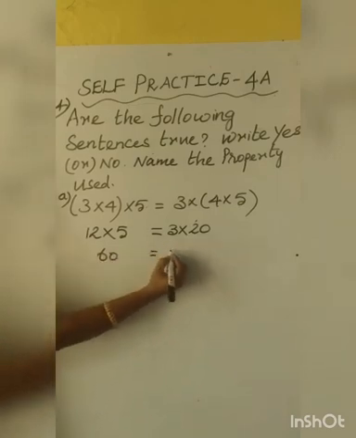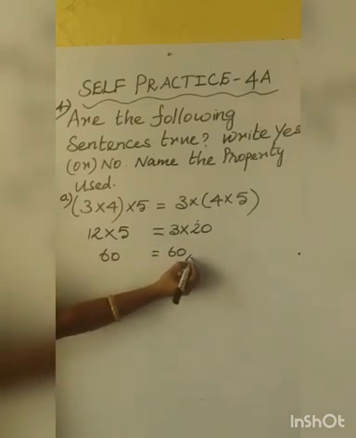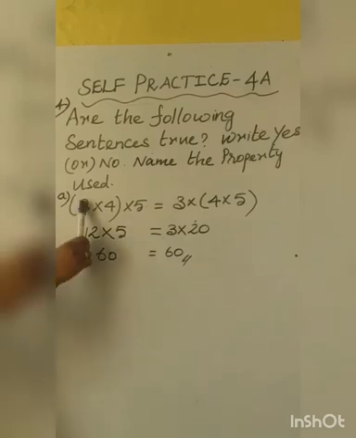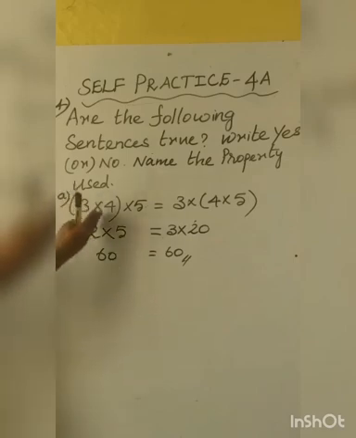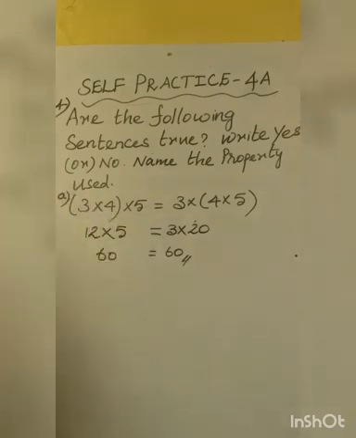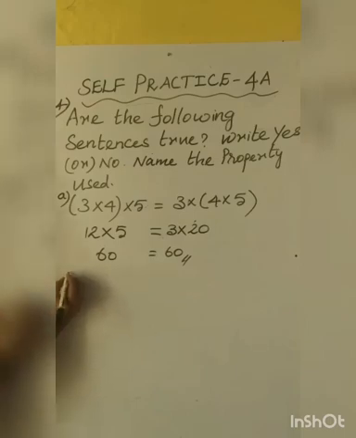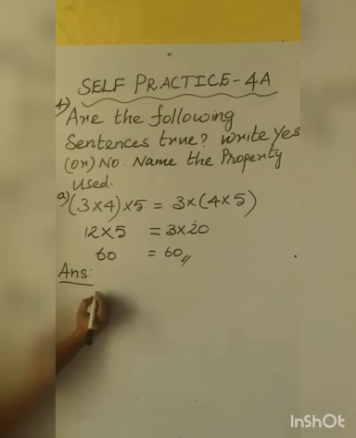So 3 2s are 6, how many zeros? 1 zero. So the answer is true. The left hand side and right hand side are also correct. Both numbers are the same. What property is this? Grouping property. Very good sentence. So the answer, what should we say? True.